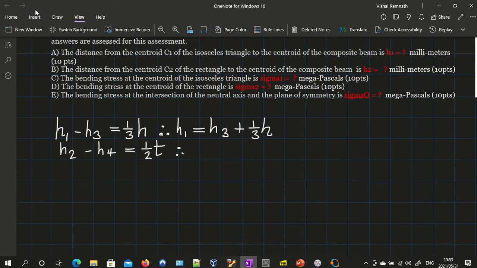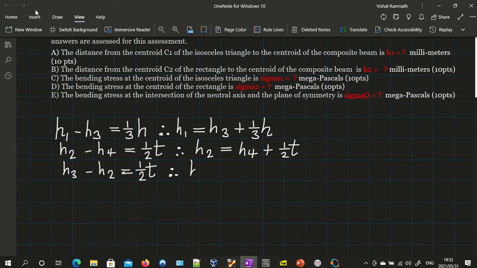Therefore, h2 is equal to h4 plus 1/2 of t, and we have h3 minus h2 is equal to 1/2 of t.